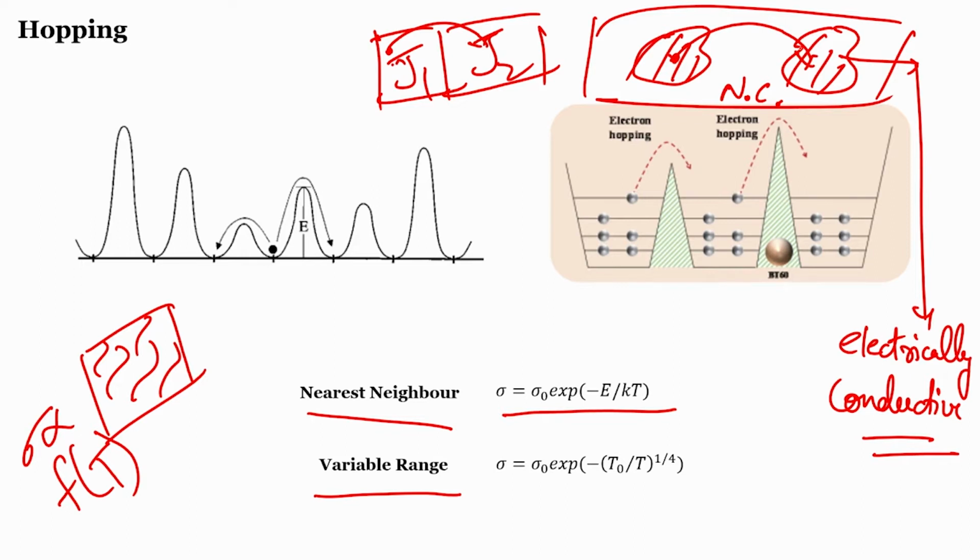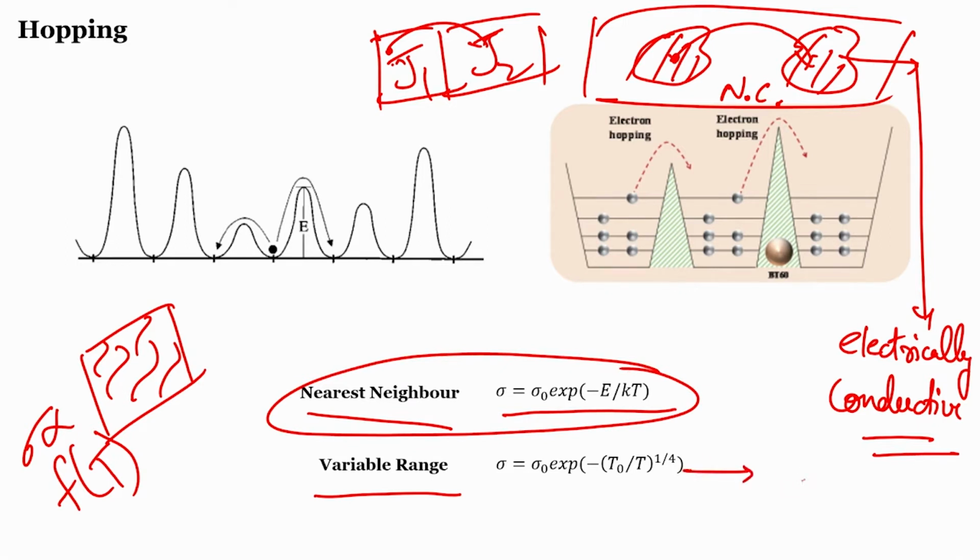Another way in which electrons can hop is variable range hopping. This particular type of hopping, as we saw, is found where the temperature is at a very low value compared to the case where nearest neighbor hopping is generally observed. Such temperature ranges are typically less than or equal to 77 Kelvin, which is liquid nitrogen temperature.